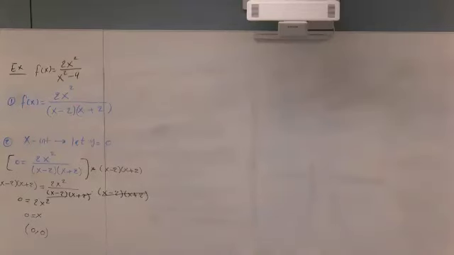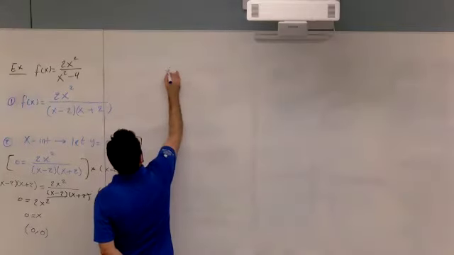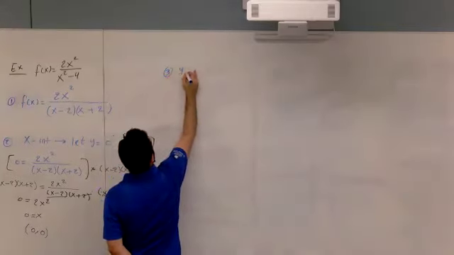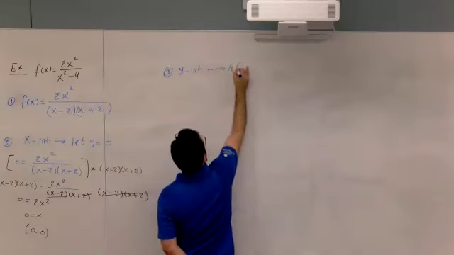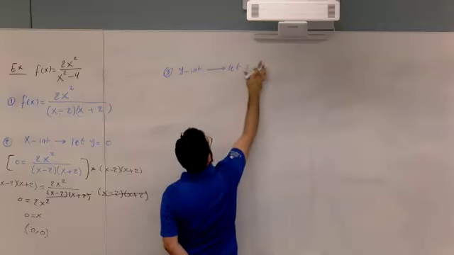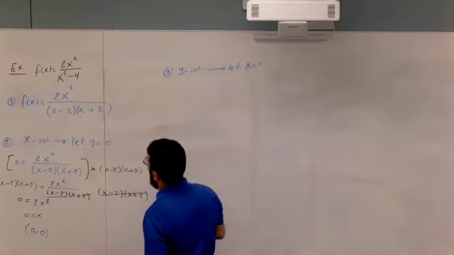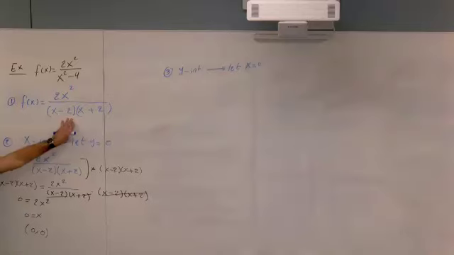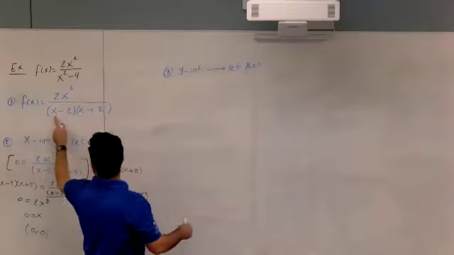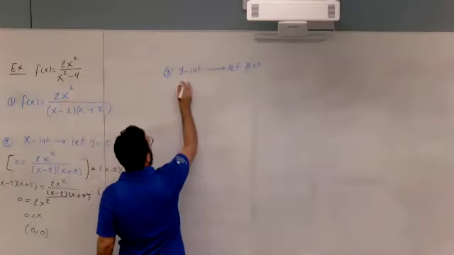Step 3. What's step 3? The y-intercept. I'm going to find the y-intercept. You're going to let x equal 0. I'm going to go back here. You see, I've always used the factored form, but I'm going to use the original one. If I put x equals 0, this is 0, this is 0, and this one is 0, right?